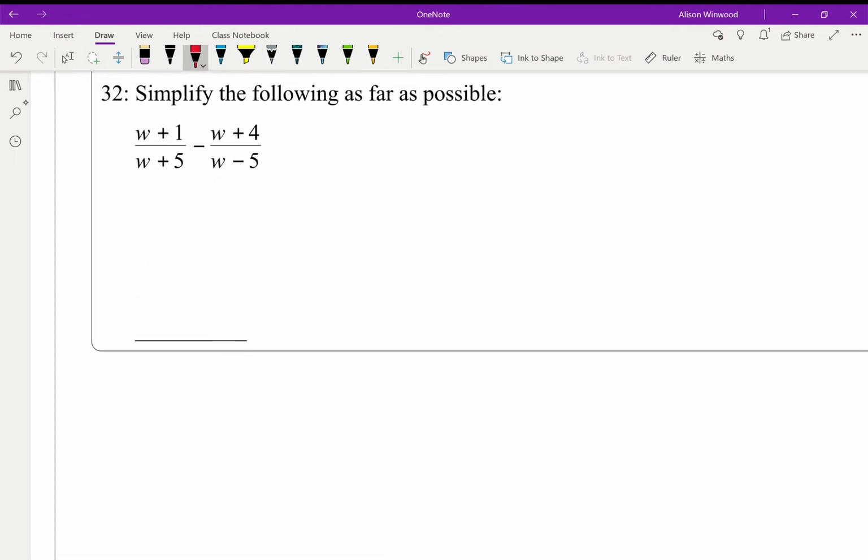Doesn't matter how difficult the fractions become, it's always the same method.